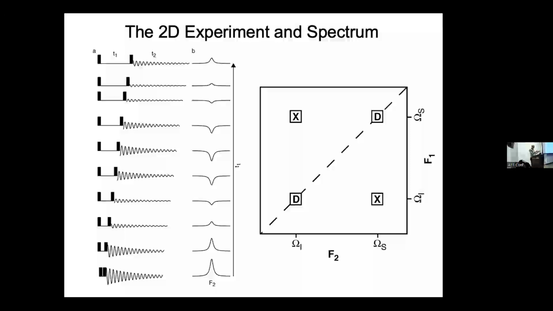Then we move the pulses a little further apart, record another spectrum, and so on and so forth. For each real spectrum we record in T2, we do the Fourier transform.